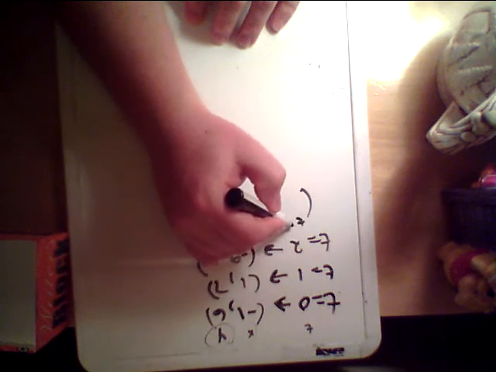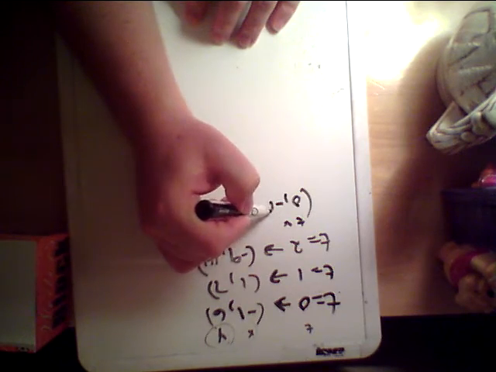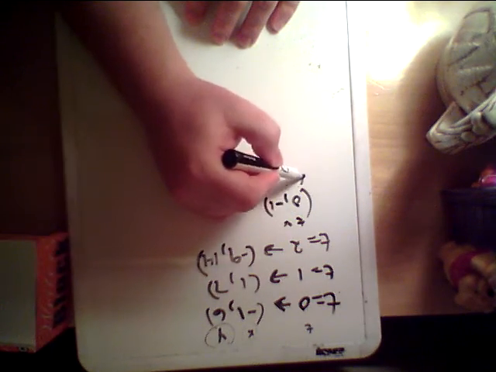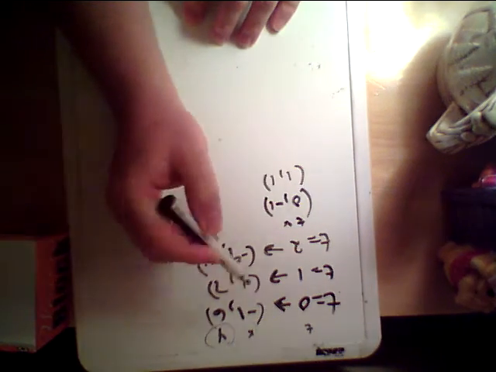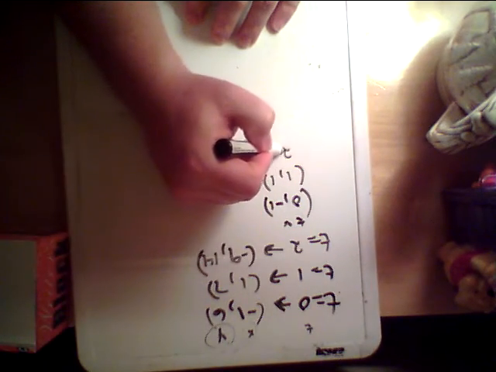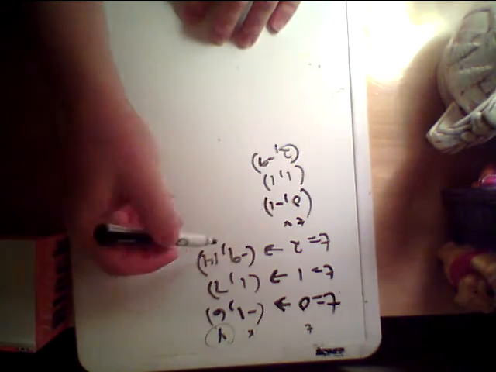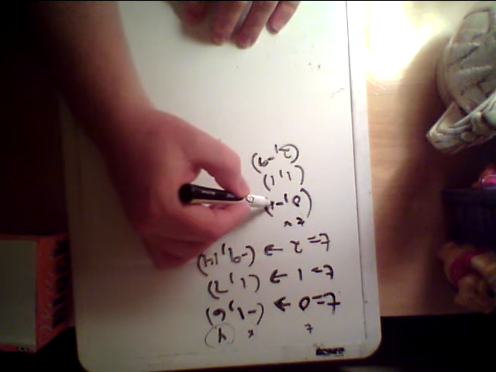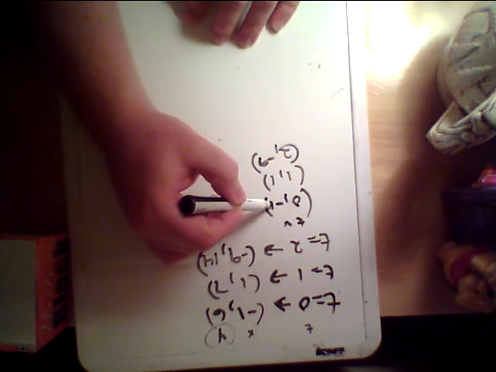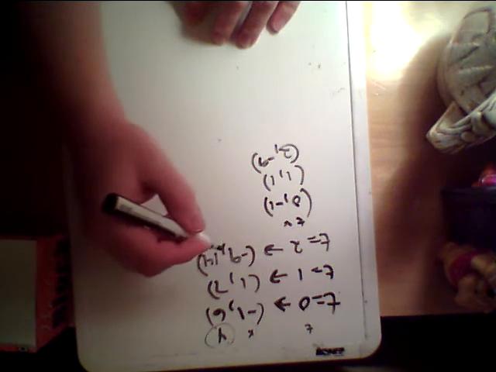So we have the ordered pair 0, -1, the ordered pair 1, 1, and the ordered pair 2, -9. I'm assuming this is going to be a quadratic and not a linear because this difference here is 2 and this difference is not 2. It's going to be -10.